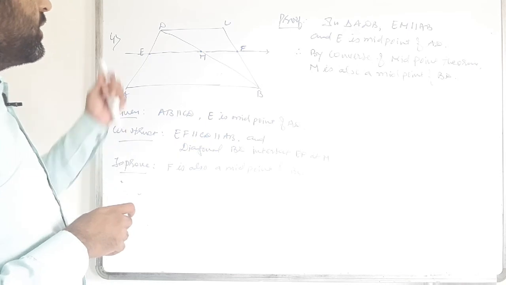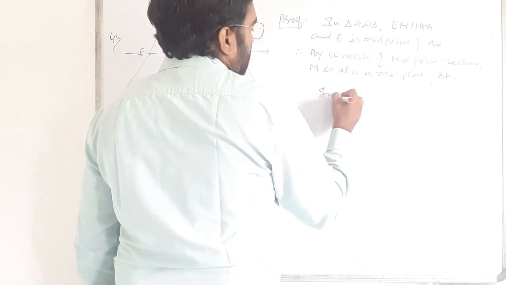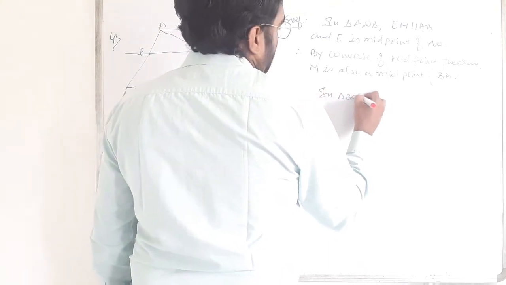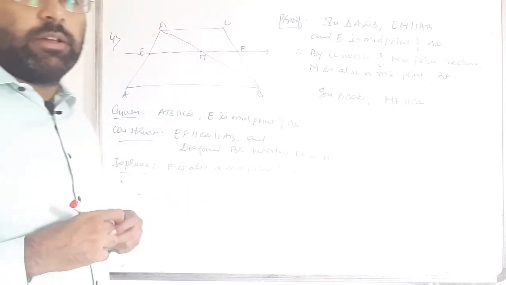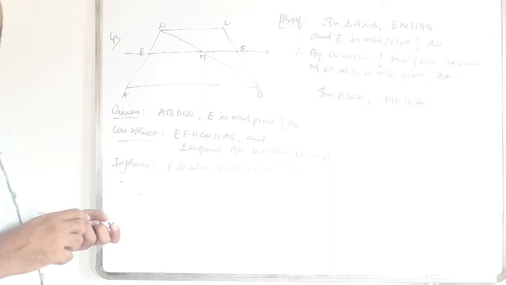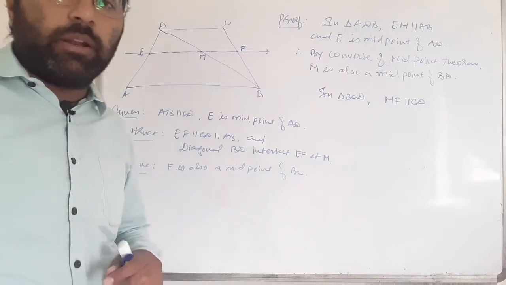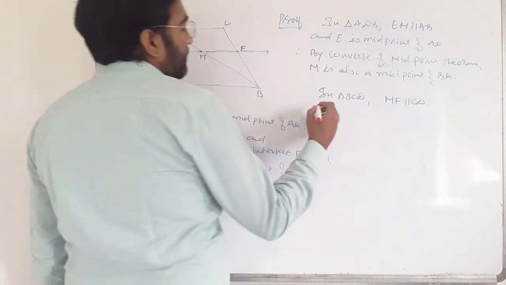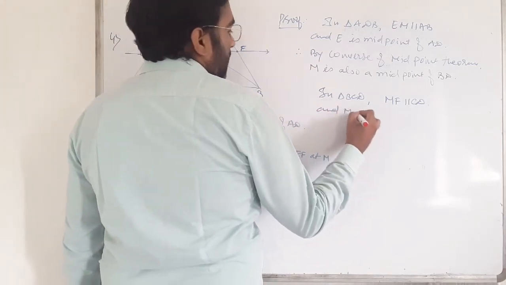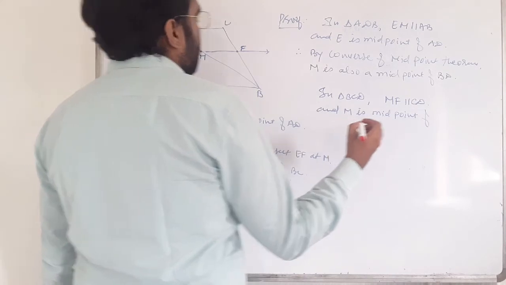Now in triangle BCD, MF is parallel to CD because parts of parallel lines are parallel. Clear? So now MF is parallel to CD and M is the midpoint of BD.